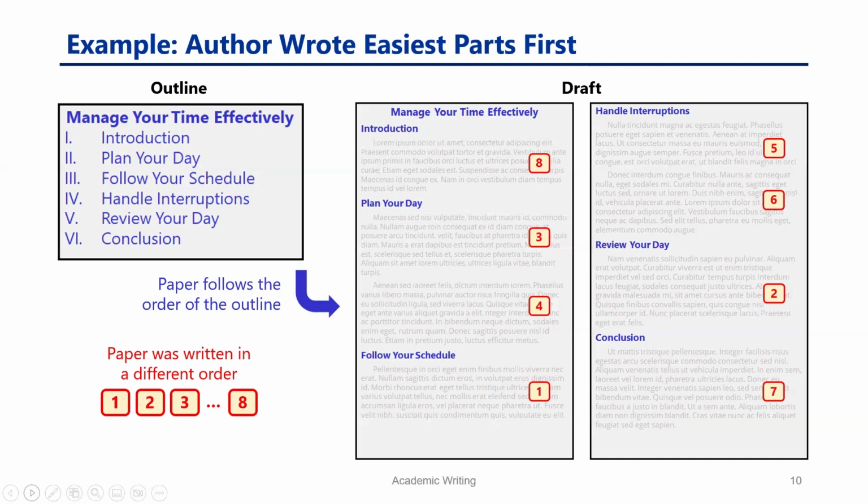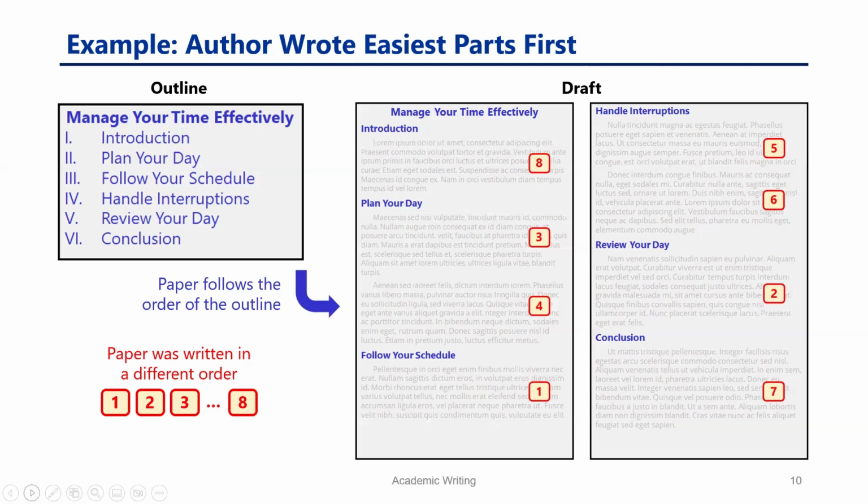Look at the bright numbers in the draft. Those show the order that the author wrote the paper. In this example, they chose to write the easiest parts first and the most difficult parts last. So they wrote follow your schedule first because that was the easiest part.